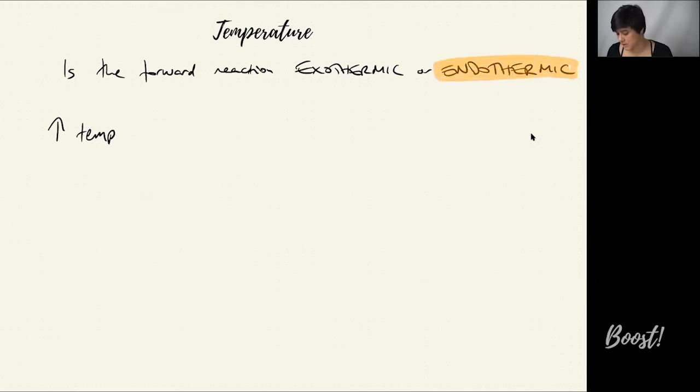Okay, so this is all relating back to what you'll have learned about in energy. Endothermic reactions will absorb energy from the environment, and then the temperature of the surroundings will go down because we've absorbed energy from the surroundings.